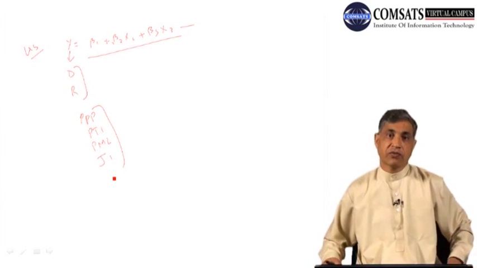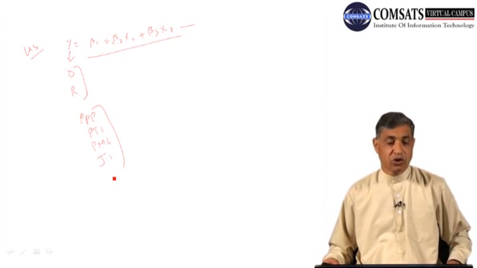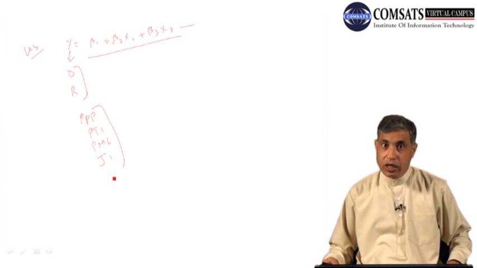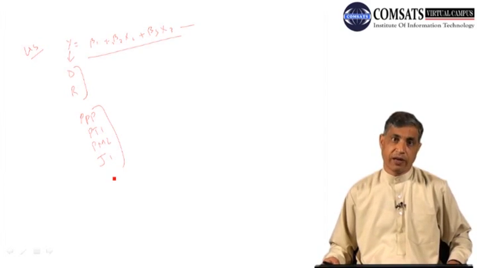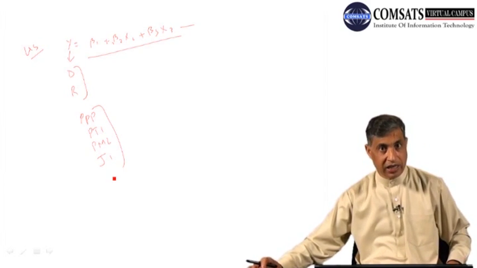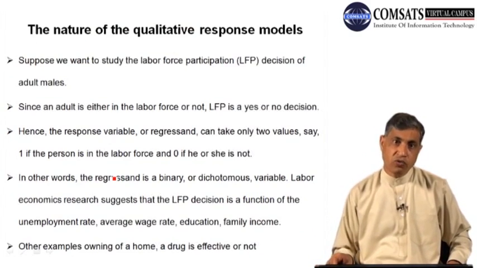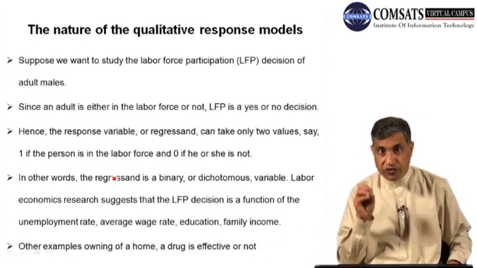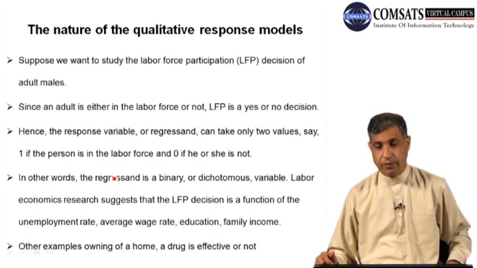If we ask a person in Pakistan to whom he is going to give his vote, your dependent variable becomes a polychotomous variable rather than a binary or trichotomous variable.